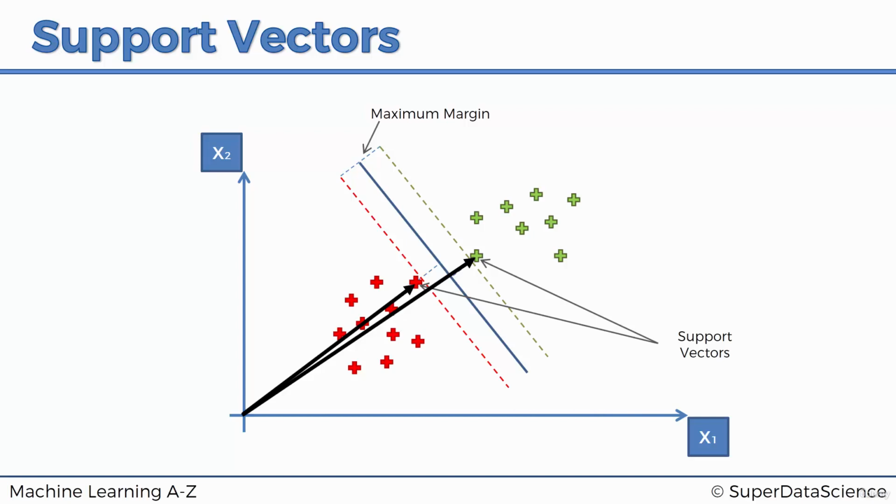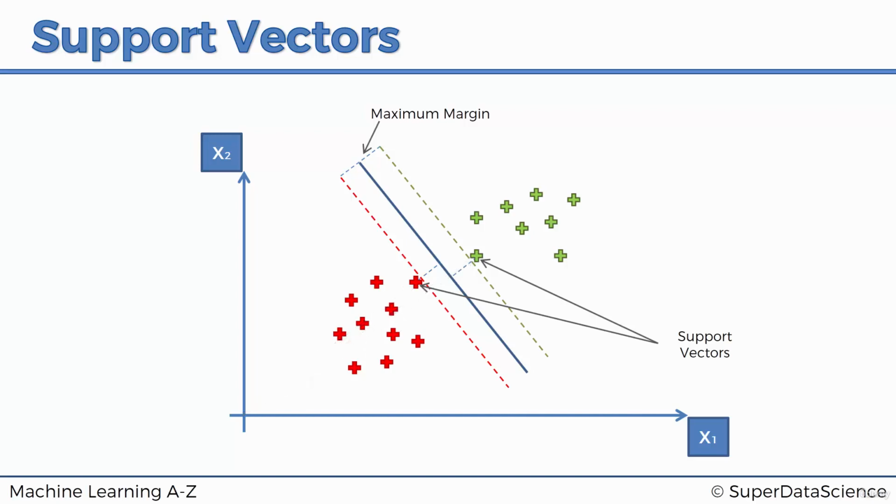So the more general term for points that we see here are vectors, and this is something that is studied in university or high school mathematics. Generally speaking, they're all vectors. Just in this particular example, when we have two dimensions, then we can call them points. But in reality, they're vectors, and that's why they're called support vectors.